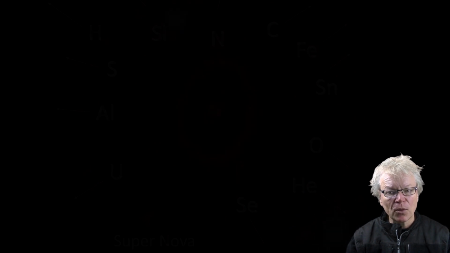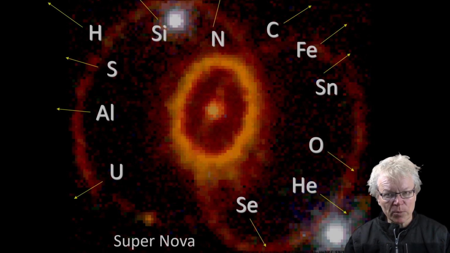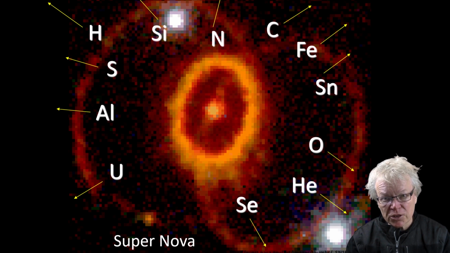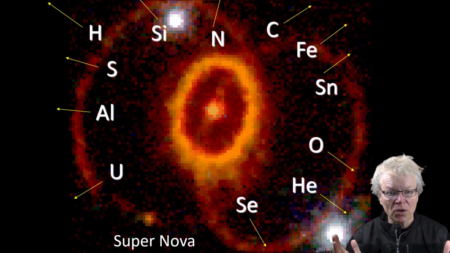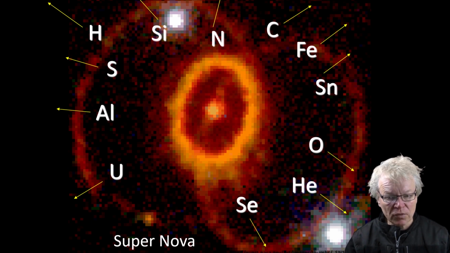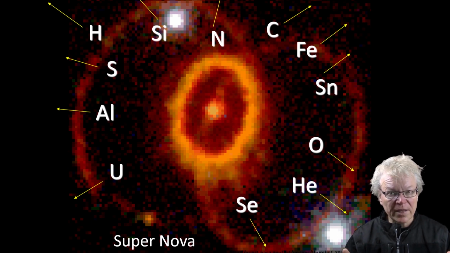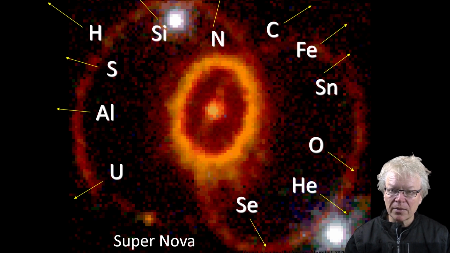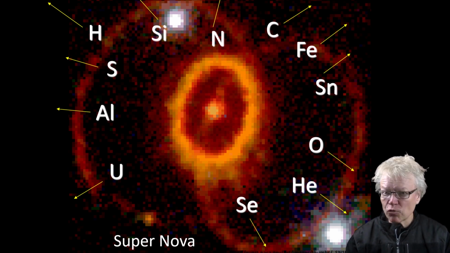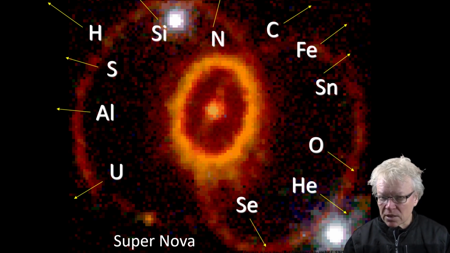At that point, we call that a supernova, because that collapse produces a huge amount of energy, and then the star explodes and throws out into the universe all of the elements that were in that star at that point. So not only the leftover hydrogen, if there is any in the outer parts of the star, but the helium, the carbon, the oxygen, the iron, and the heavier elements like uranium, aluminium, sulfur, silicon, they're all thrown out into the universe.